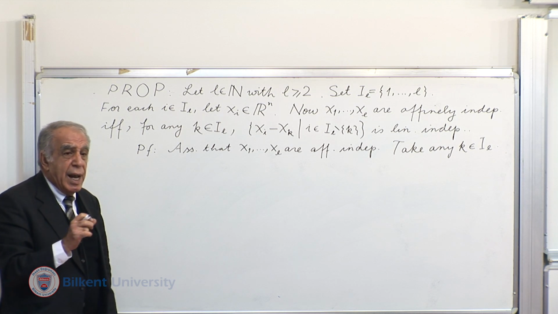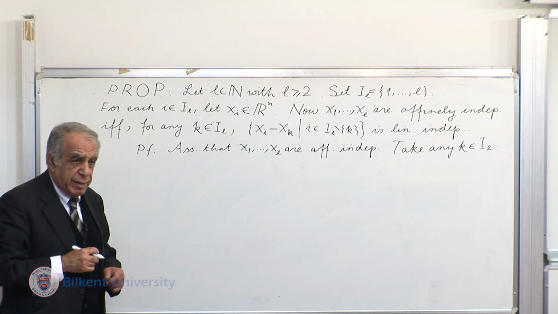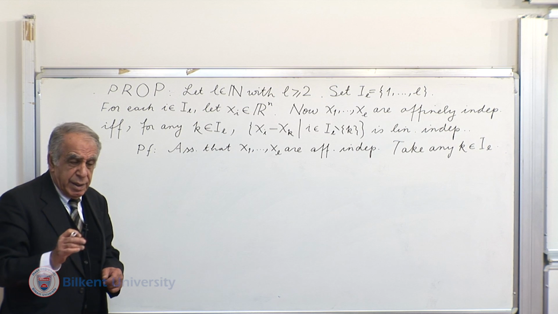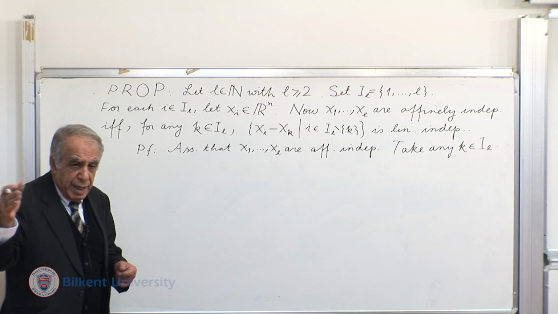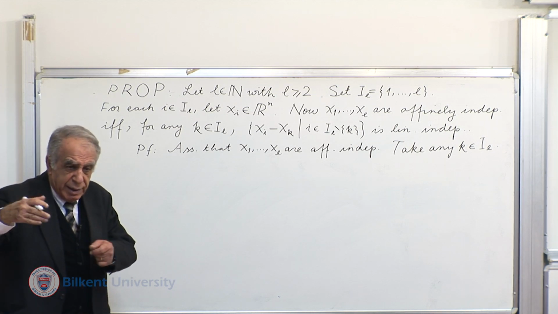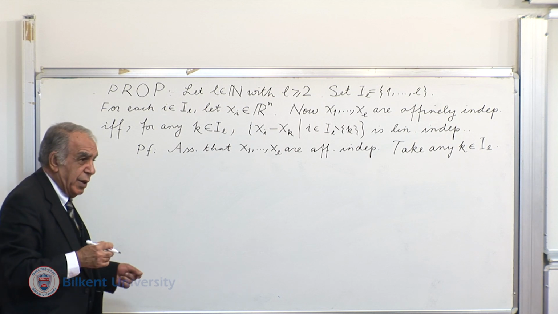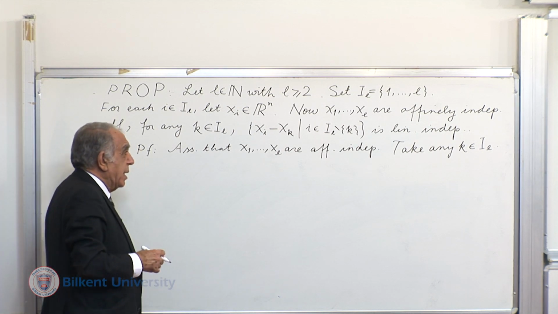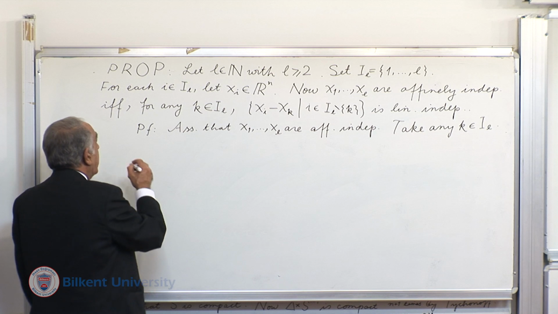So let's take any linear combination of them, which is equal to 0. That should imply that all the coefficients are 0 to conclude that they are linearly independent.